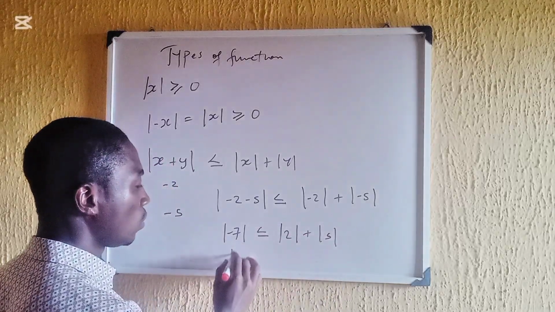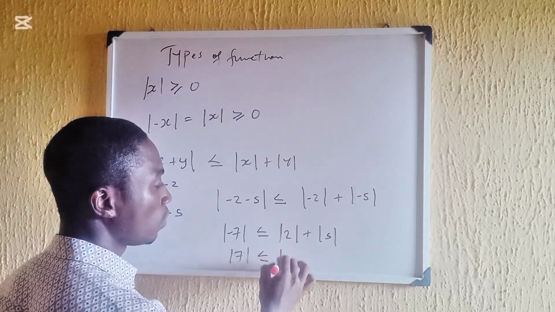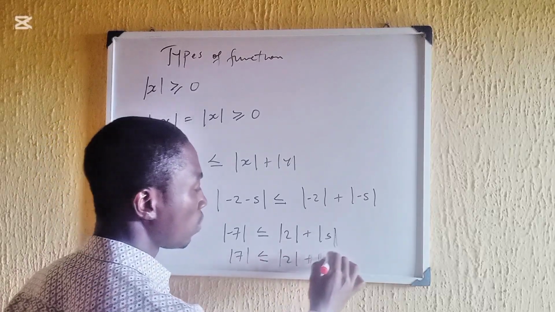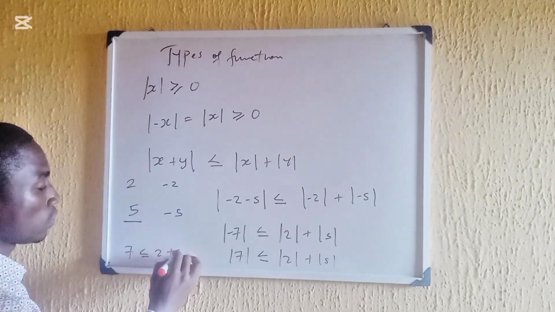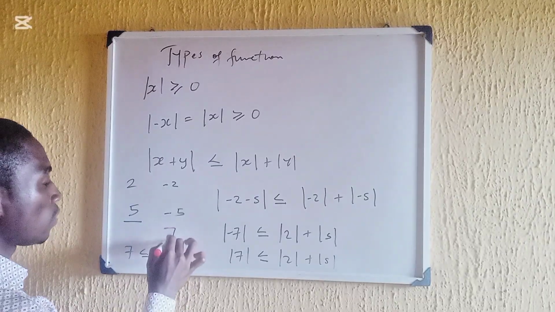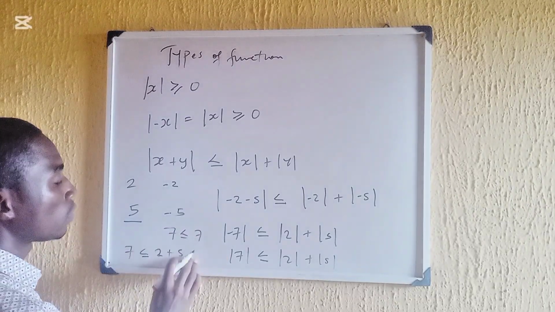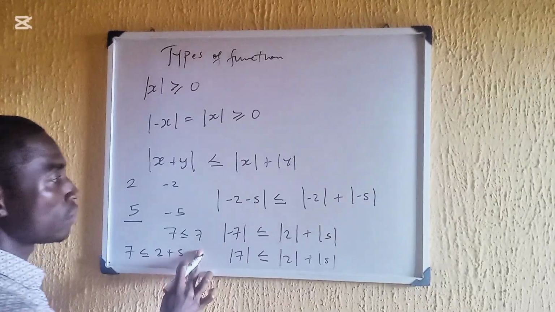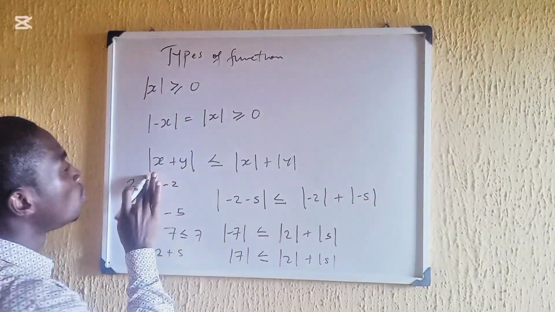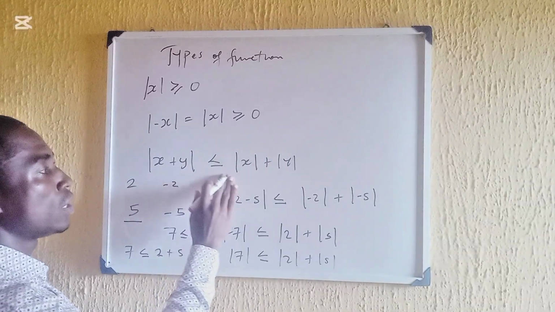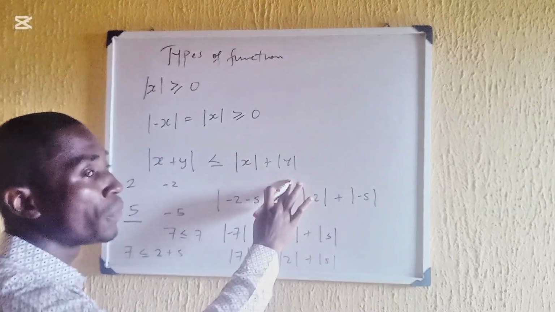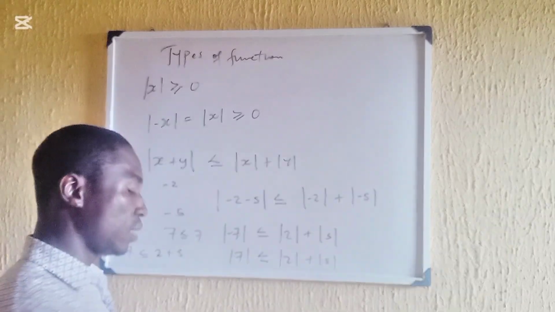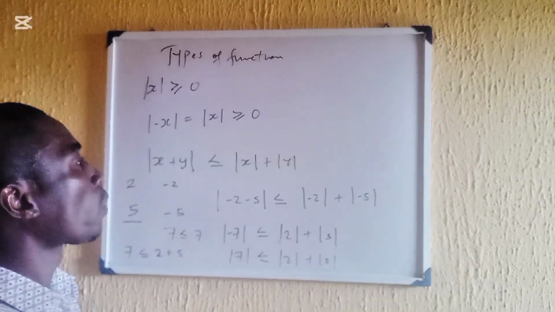This gives us modulus of 7 less than or equal to modulus of 2 plus modulus of 5. 7 less than or equal to 2 plus 5. This implies that 7 is less than or equal to 7. You can see 7 is equal to 7. So modulus of x plus y will either be less than or equal to modulus of x plus modulus of y. It cannot be greater than.